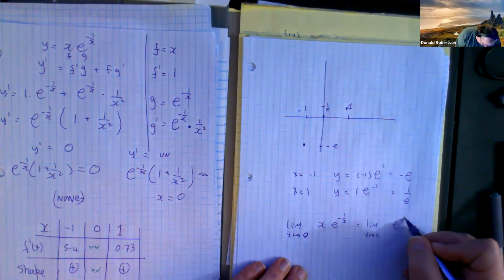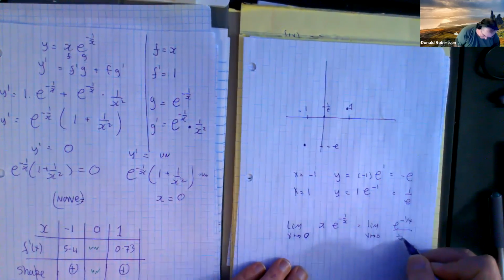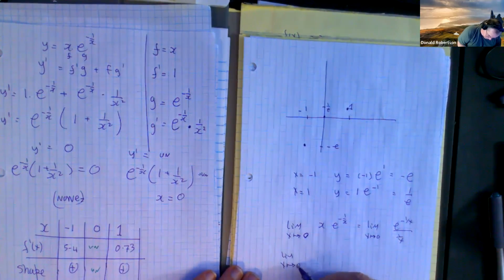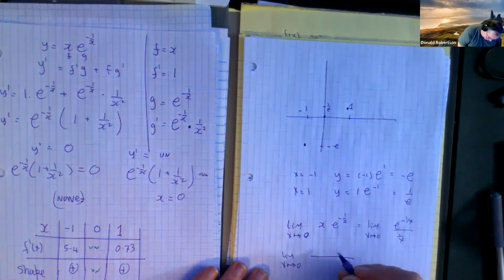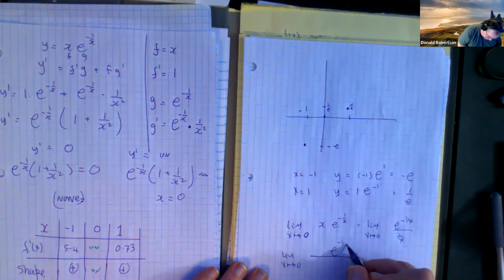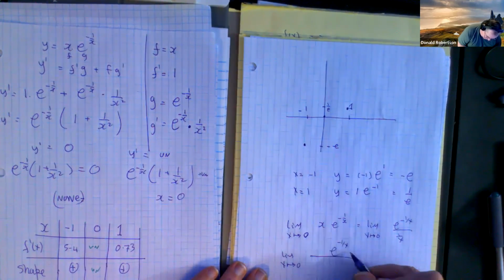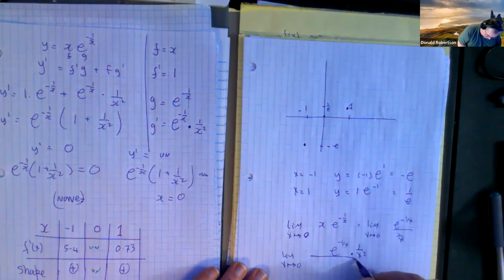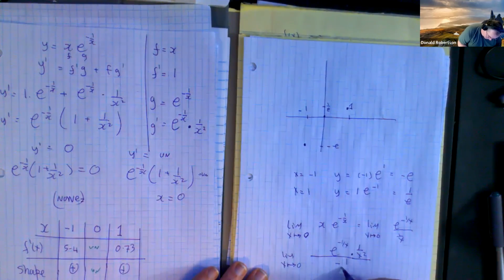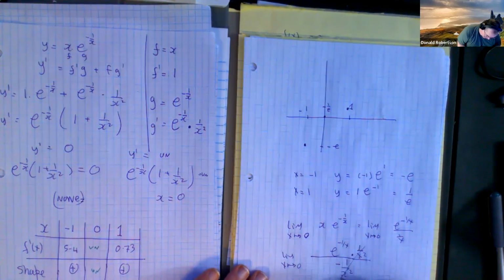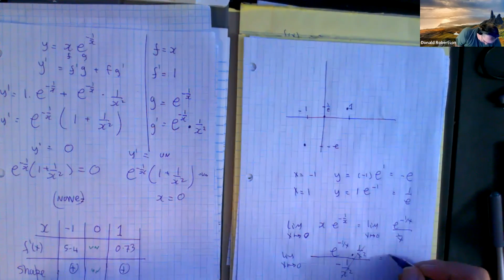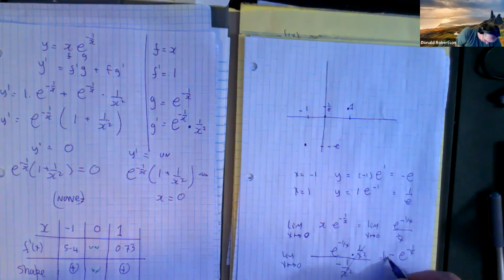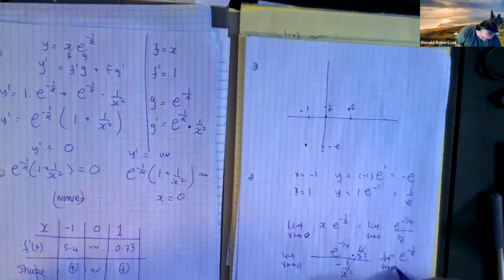Okay, very quick. You get that guy? I'm going to do a L'Hopital on him. The top guy gets you e to the negative 1 over x times the derivative of that guy, and the derivative of that guy is 1 over x squared. And the bottom gets you negative 1 over x squared. They cancel out, and you get negative e to the negative 1 over x, and that's the limit as x tends to 0.